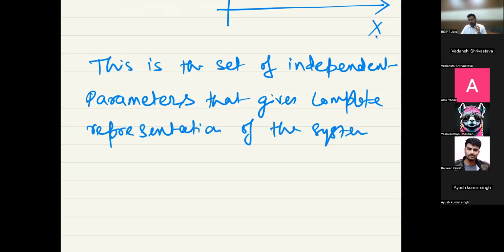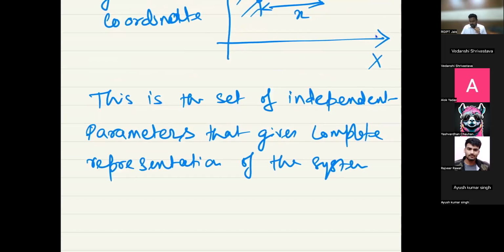You can see this is similar to degrees of freedom. Degrees of freedom is how many independent variables you need, and that number is the degrees of freedom. But generalized coordinates are the variables themselves that you need.